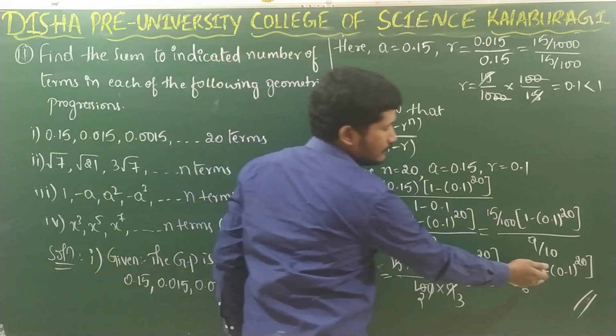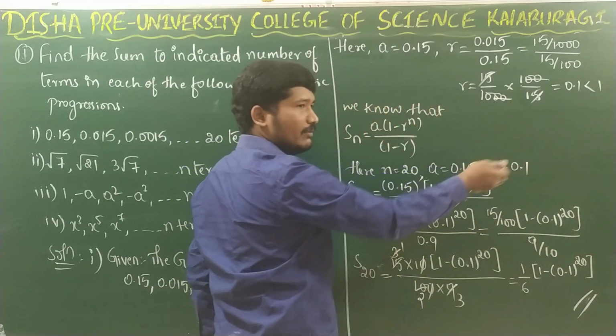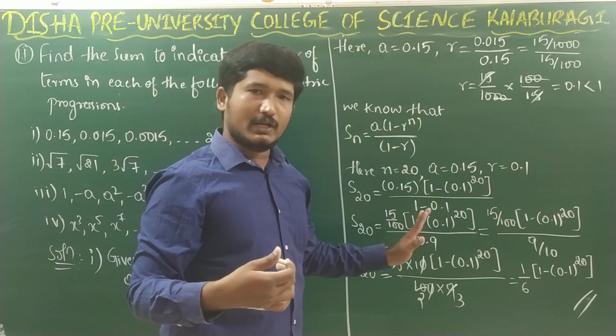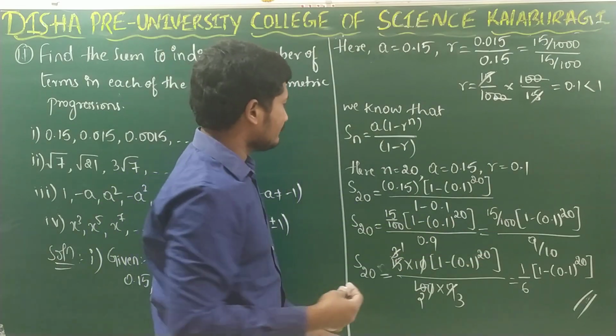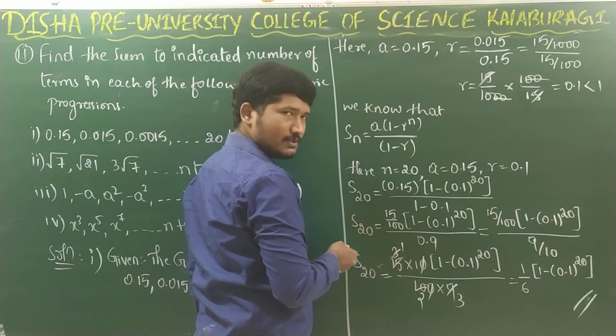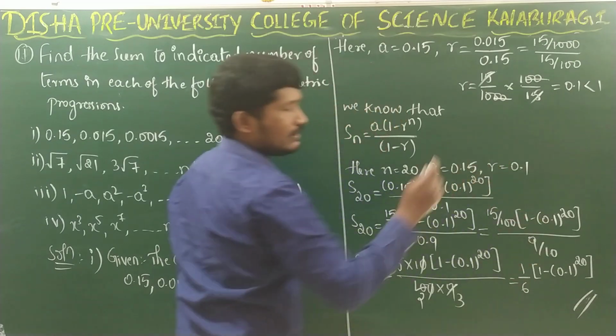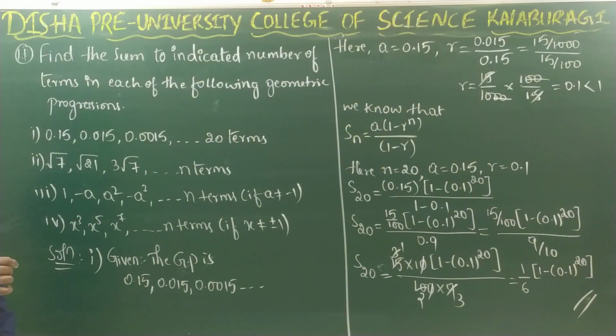Right? See, you can expand this 0.1 whole power 20, but it will be a bit lengthy. So it is okay if you keep it as it is. So I have substituted the terms, done simple mathematical calculations and got the answer. So I hope you understood this. Right? So there is no confusion in the problem.